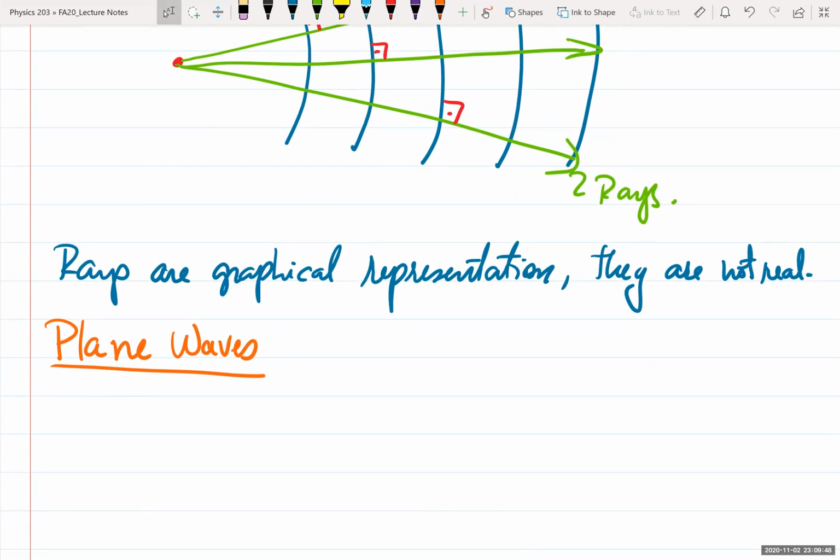And when this distance is infinite, these lines don't look curved, they actually look straight. So as the waves travel away from the source, they become less circular and more like straight lines.